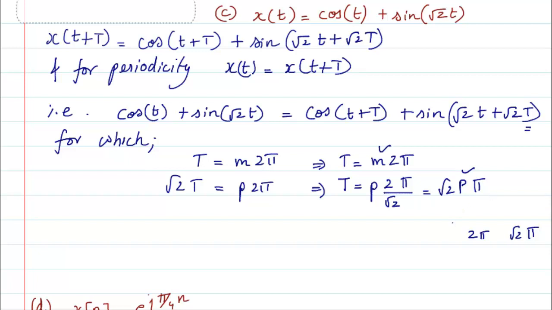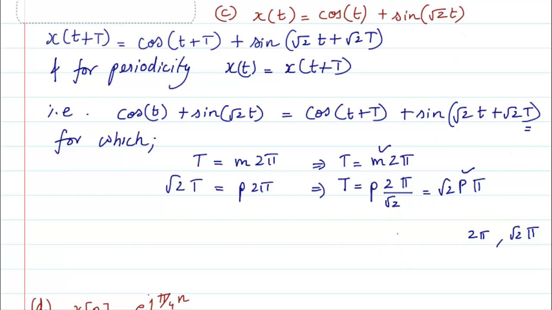That means the LCM that we are going to find should be such that m and p are integers, which is not the case. As we can see here, you cannot find an integer multiple which will be the LCM of 2 pi and root 2 pi.